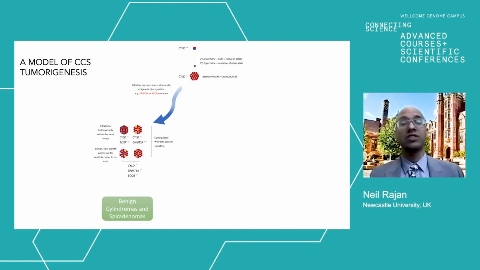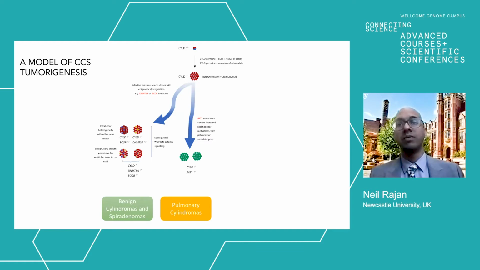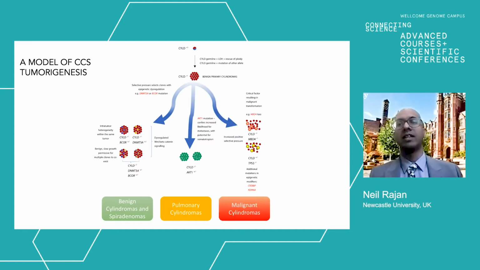So we've already had 2 hits in our hypothesis, and this could be the 3rd. Now, if you have an AKT1 mutation, you go down the route of pulmonary cylindromas. And finally, if you have mutations in other genes, such as MBD4 or the loss of p53, then you get malignant cancers, which are unique to this condition because they arise in the context of biallelic CYLD loss.